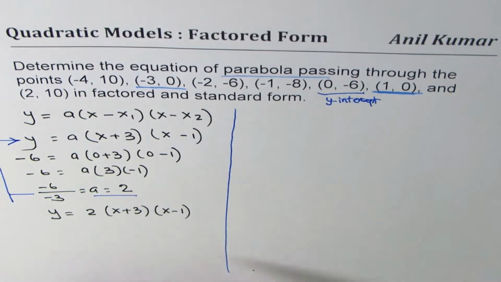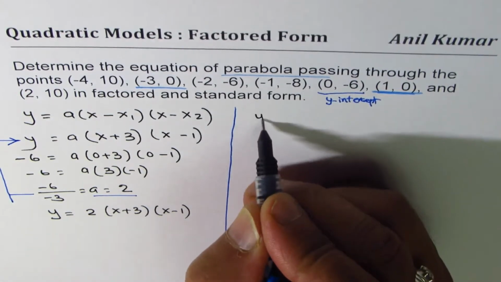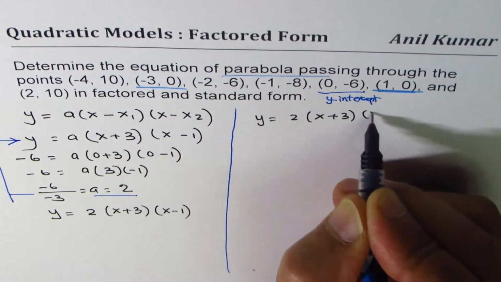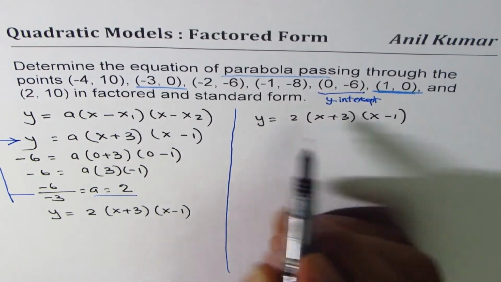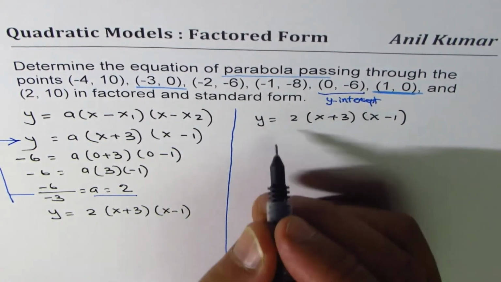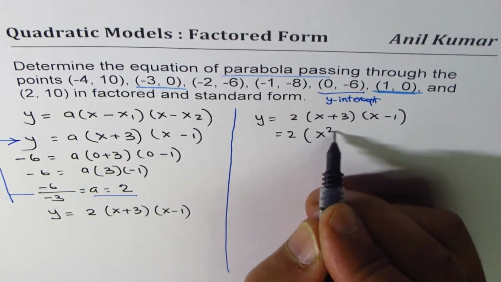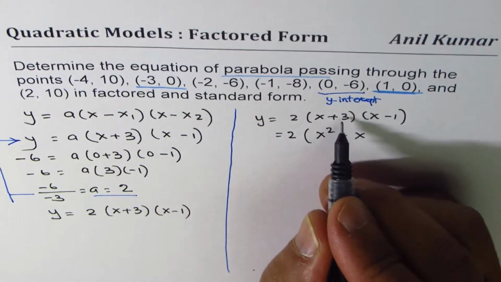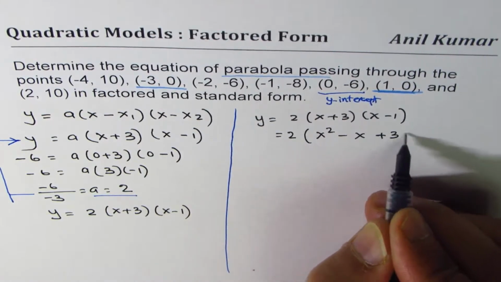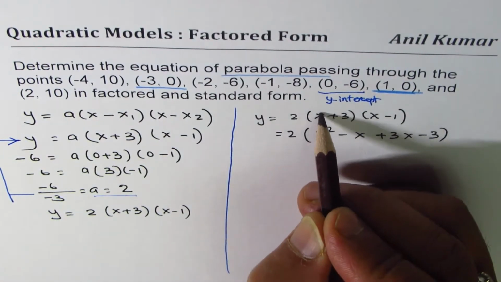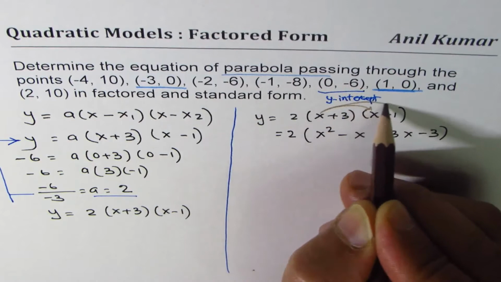So we'll extend this. What we have here is y equals 2 times (x plus 3) times (x minus 1). To write it in standard form, let's expand. So we get y equals 2 times: x times x is x squared, then this is minus x, times 3, that is plus 3x minus 3. So what we did here was multiply terms with x first, right?